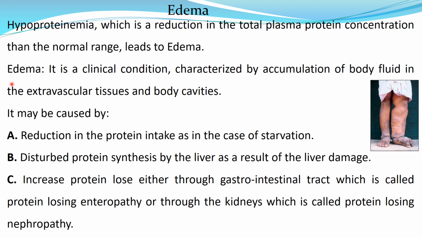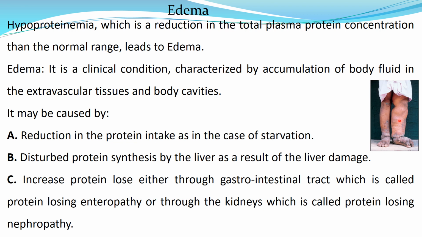So when there is an imbalance in the fluid flow between the intravascular and extravascular tissues, this leads to a condition which is called edema, which is characterized by the accumulation of body fluid in the extravascular tissue and body cavities.